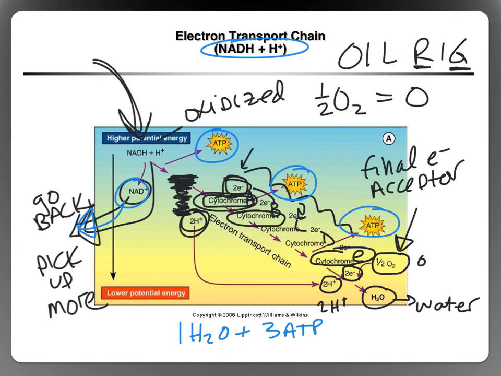So we start with an NADH plus H plus, and we end up with 3 ATPs, 1 water, and an NAD that goes back and gets recycled and picks up more electrons. So that is the process of the electron transport chain when the carrier is NAD.